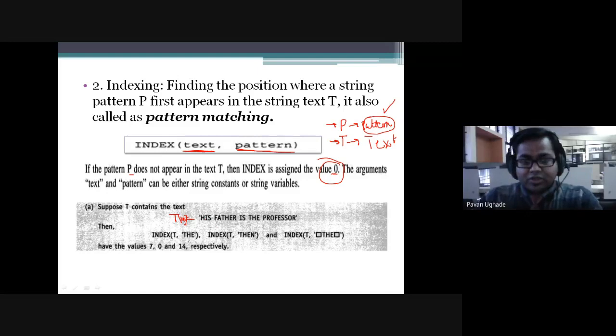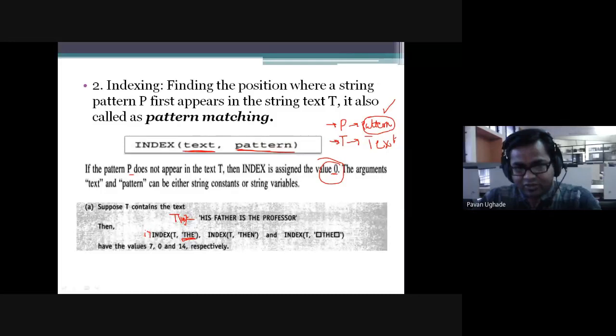Now I'm going to search. This is a constant that I have given, the. Now I'll check whether this "the" is a part of this text or not. Is it, guys? Whether it is a part of the text? Just check it out. Yes, sir. Where is it? Here, right? Okay, this is example one.